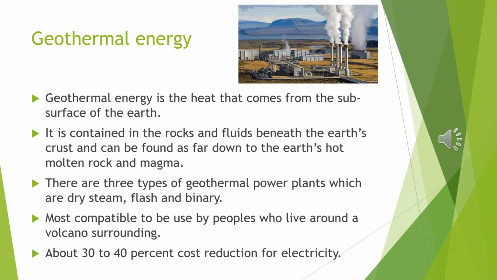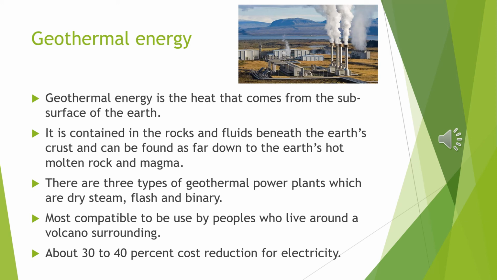Apart from that, there is also geothermal energy. Geothermal energy is the heat that comes from the subsurface of the Earth. It is contained in the rocks or fluid beneath the Earth's crust and can be found as far down as the Earth's hot molten rock and magma. There are three types of geothermal power plants, which are dry steam, flash, and binary.